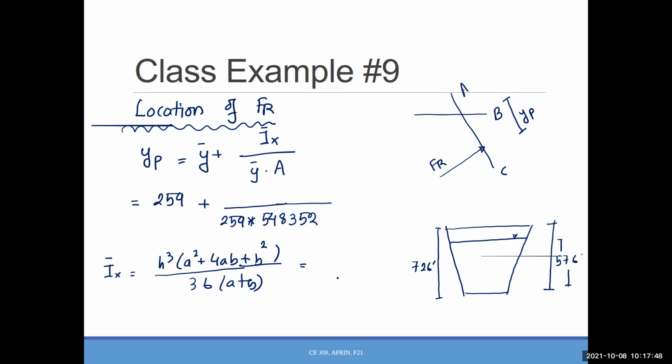No one got any answer yet? 14.2. I think it should be 10 to the power 9 or something. Which height? 576. Why? You tell me why.